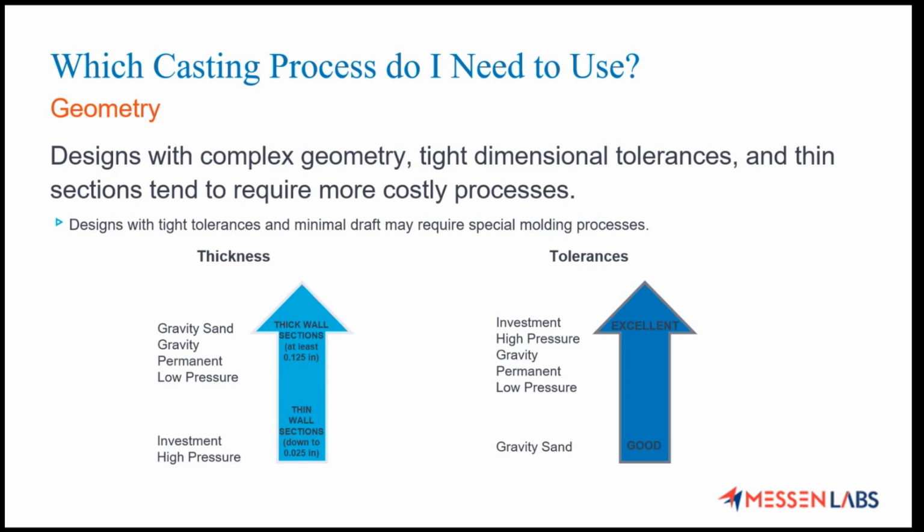For thin walled sections and complex components like transmission casing, we generally use high pressure or investment casting, where the thickness of the component walls can be less than 0.025 inch. Similarly, if you require excellent quality tolerances, then you can use investment casting, high pressure die casting or low pressure die casting. And for moderate tolerances, you can choose gravity sand casting.